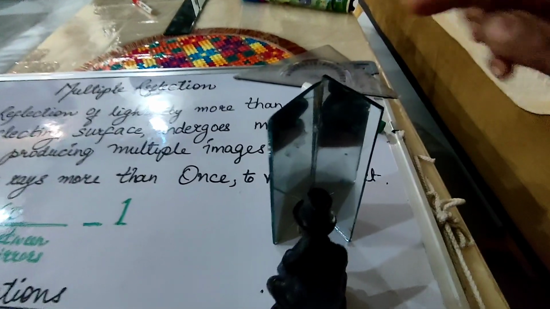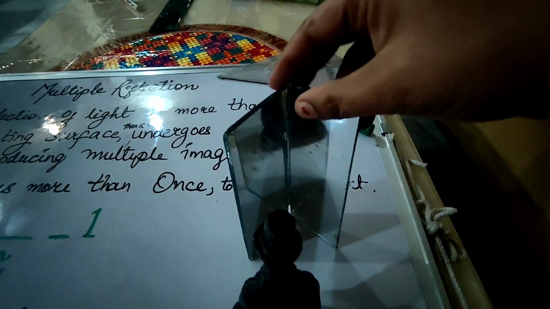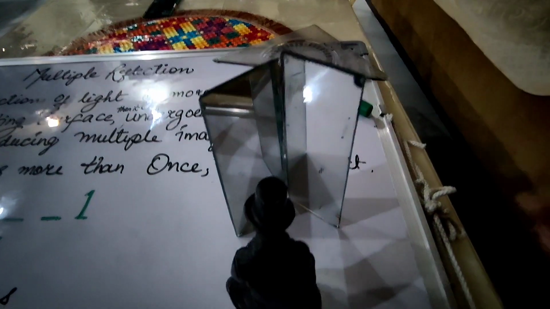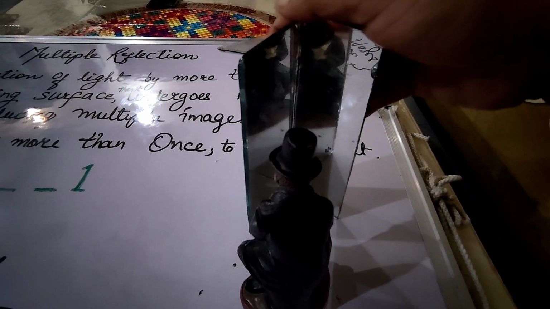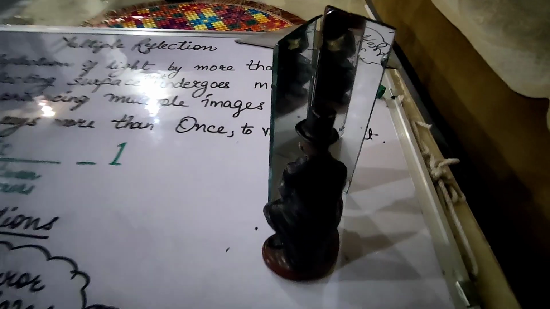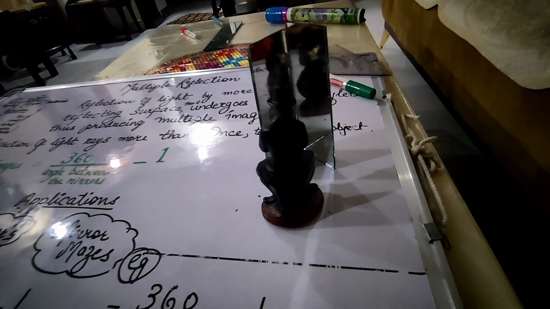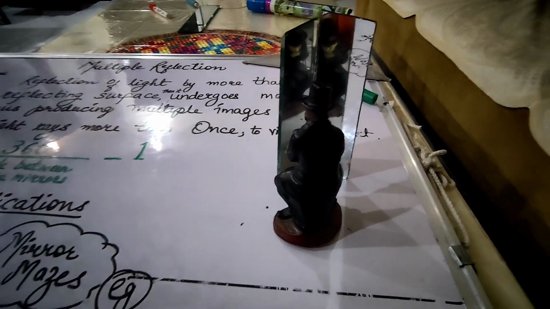So once this angle is 90 degrees, you will get 3 images. And we will check it out. My arrangement here is almost 90 degrees, and you will get 3 images here. Right? 1, 2 and 3.